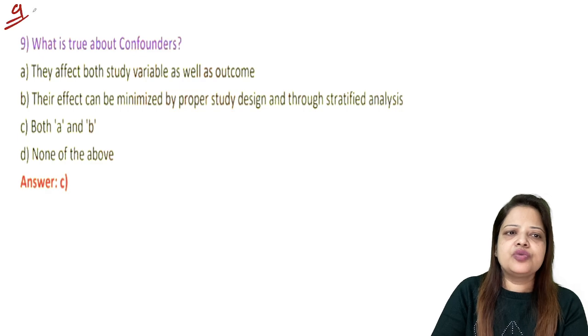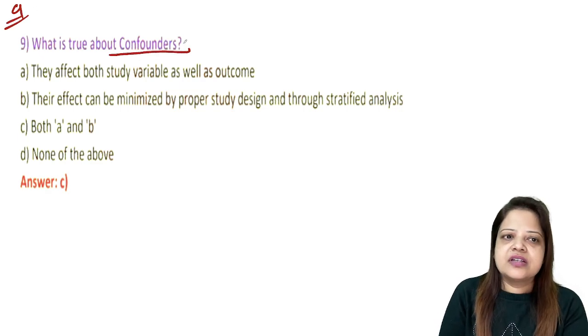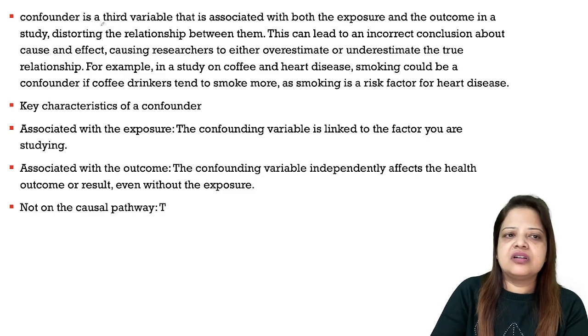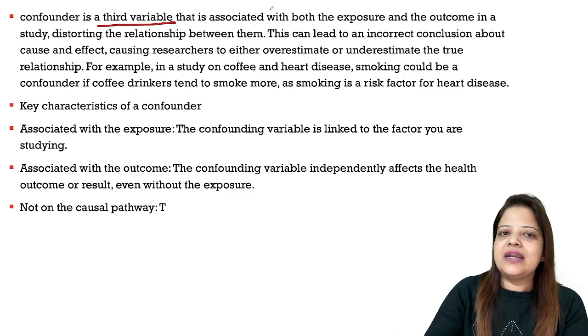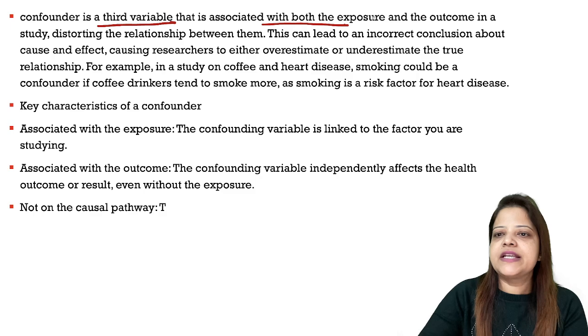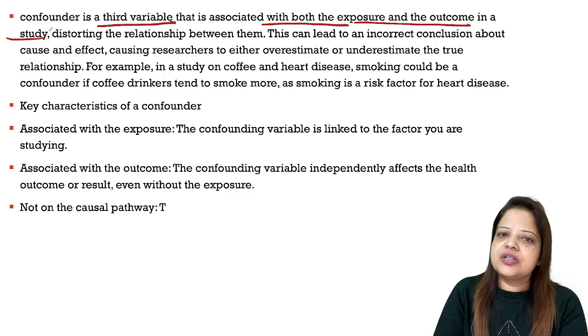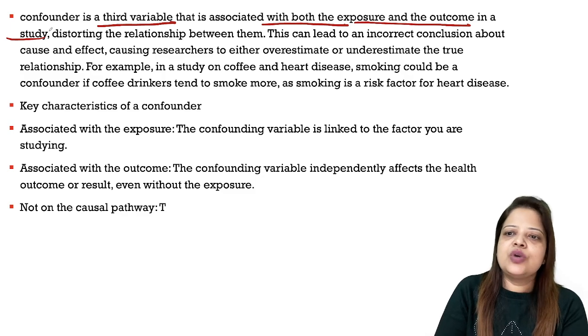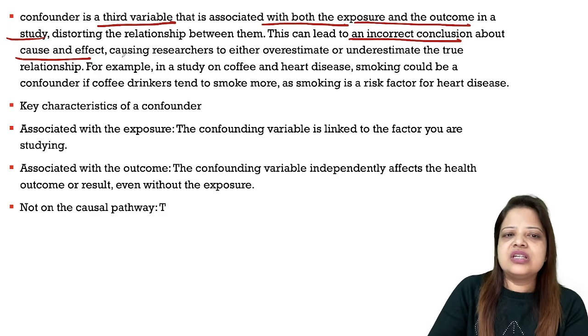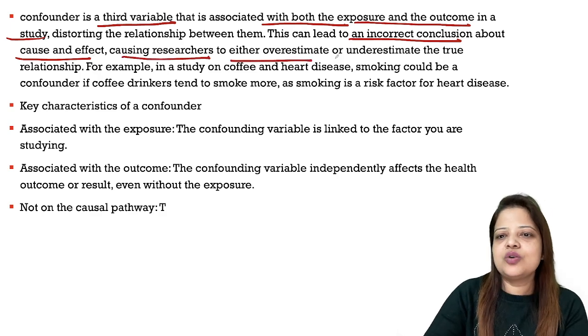Number 9, what is true about confounders? First we will discuss what is confounder. Confounder is a third variable that is associated with both the exposure and the outcome in a study. So it is also a third variable, distorting the relationship between them. This can lead to an incorrect conclusion about cause and effect, causing researchers to either overestimate or underestimate.